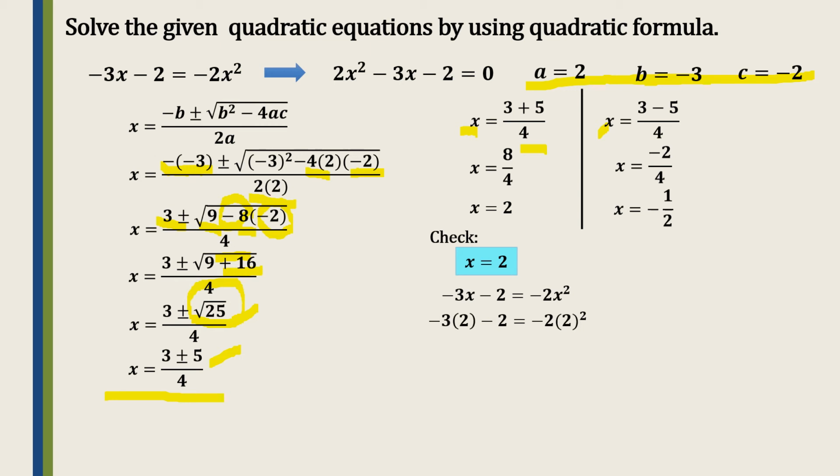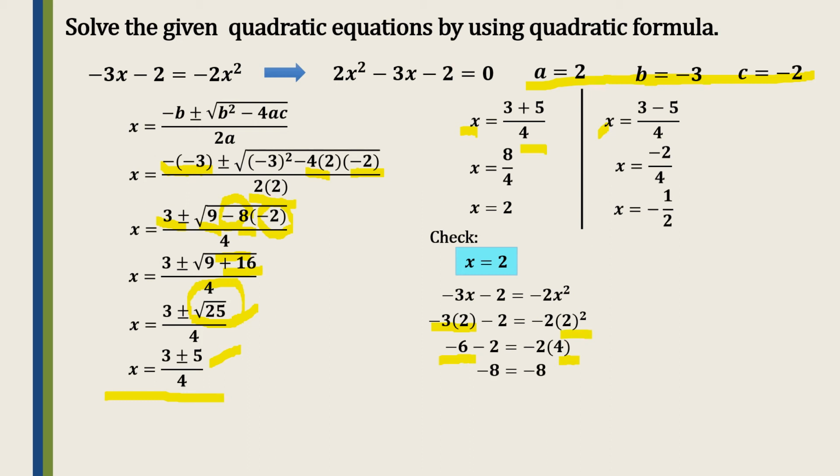Magkakaroon tayo ng negative 3 times 2 minus 2 equals negative 2 times 2 squared. We have now negative 6 minus 2 equals negative 2 times 4. Yung negative 6 mula sa negative 3 times 2. Yung 4 mula naman sa 2 squared.